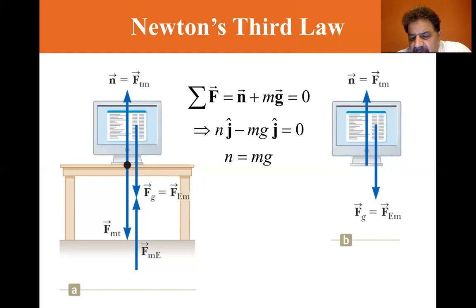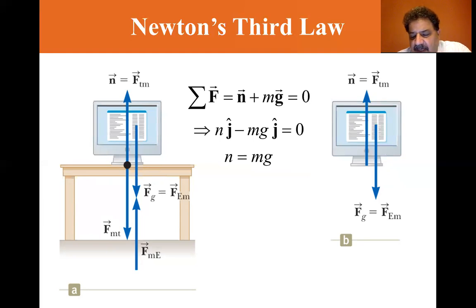So N equals mg. The normal force balances the gravitational force on the monitor. So the net force on the monitor equals 0. The reaction force to N equals the force exerted by the monitor downward on the table. So F monitor on table equals minus F table on monitor, which equals minus N.